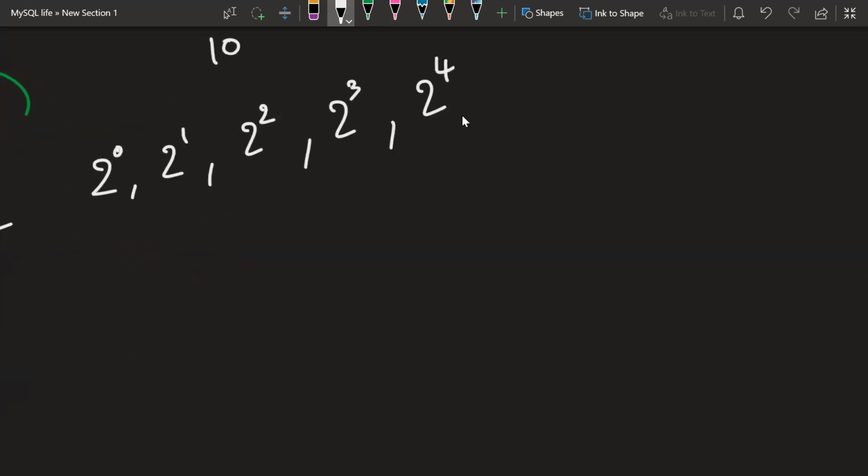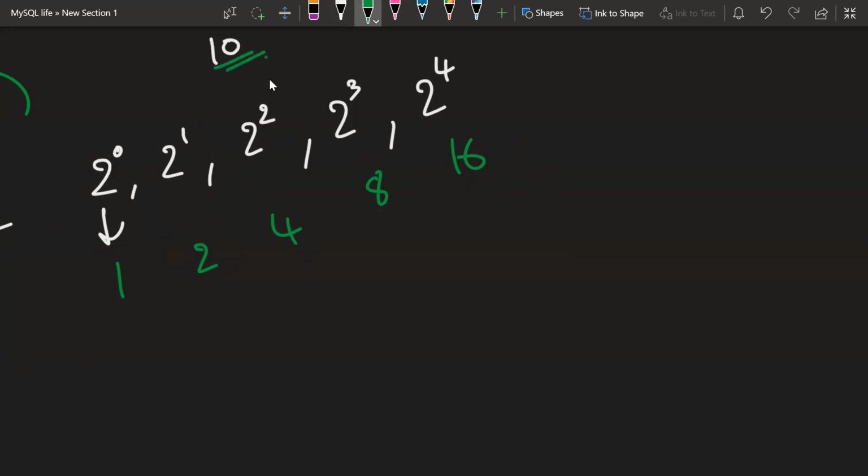Just stop it right here because when you just write down its result, you'll get to know. 2 power 0 is 1, 2 power 1 is 2, 4, 8, and 16.